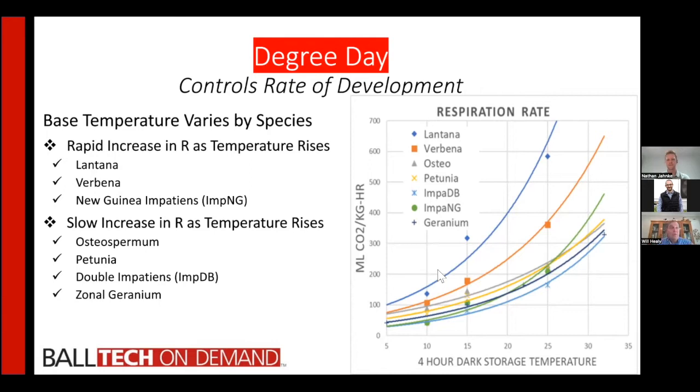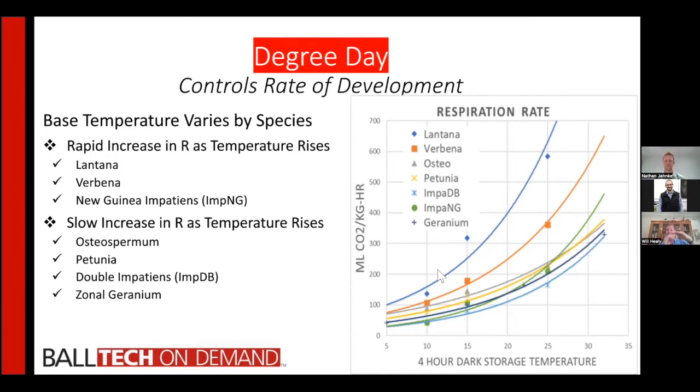Some of the early work was done by one of our colleagues, who did an extensive amount of work looking at the respiration rate and the temperatures at which we get down to the zero respiration point, where the plants go into almost a stasis. If they do photosynthesize, the carbohydrates will increase because they're not being utilized through respiration.